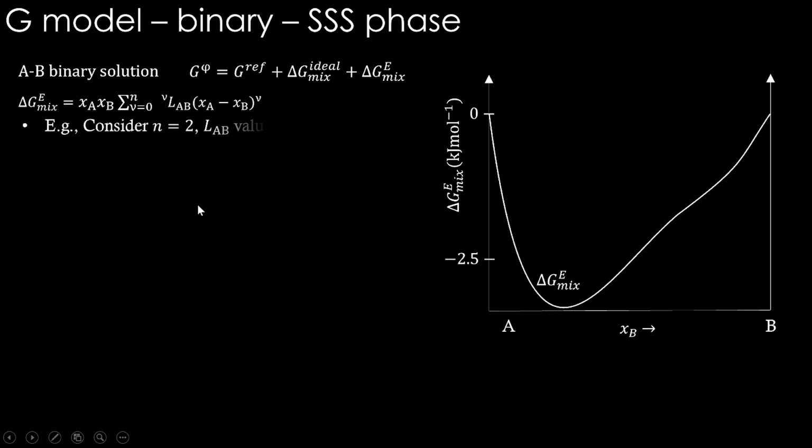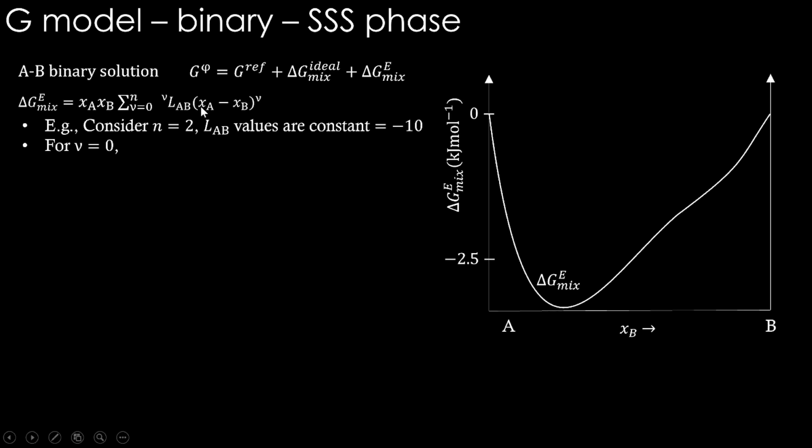Let's say in this case we need n of 2. LAB values are constant, let's say minus 10, meaning LAB we said V1 plus V2 T plus V3 T ln T and so on, right? So that LAB term, we are keeping to only one term, V1 let's say, and that is minus 10 here. Okay, so based on this we are going to continue.